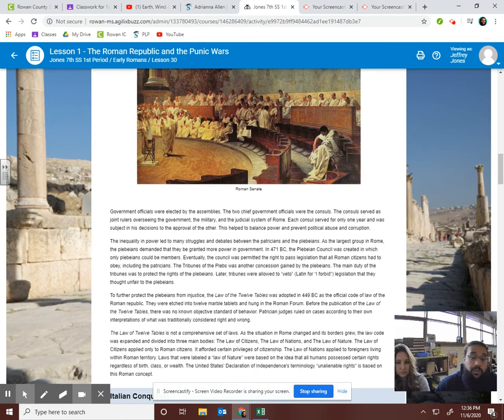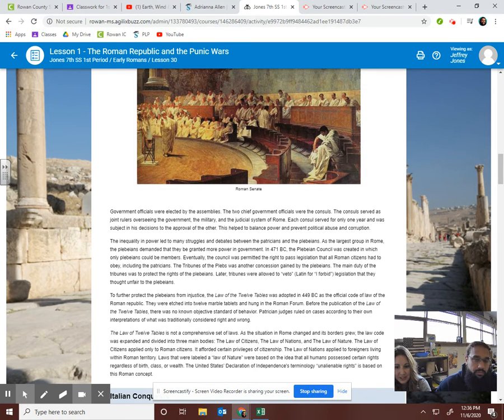Eventually, the council was permitted the right to pass legislation that all Roman citizens had to obey, including the patricians. The tribunes of the plebes was another concession gained by the plebeians. The main duty of the tribunes was to protect the rights of the plebeians. Later, tribunes were allowed to veto legislation that they thought unfair to the plebeians.